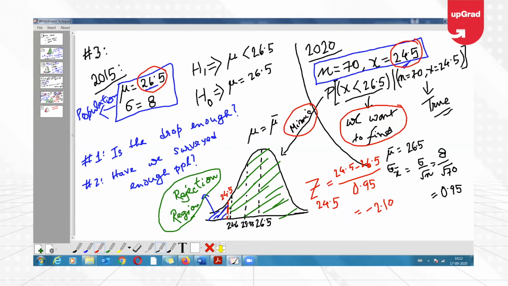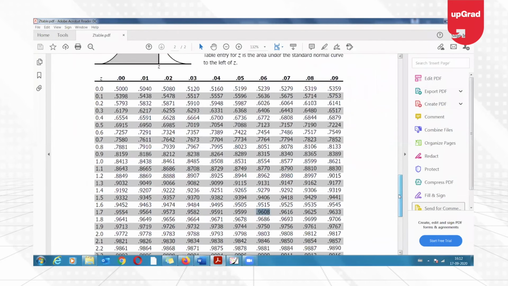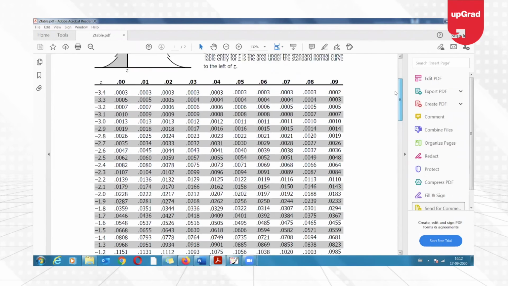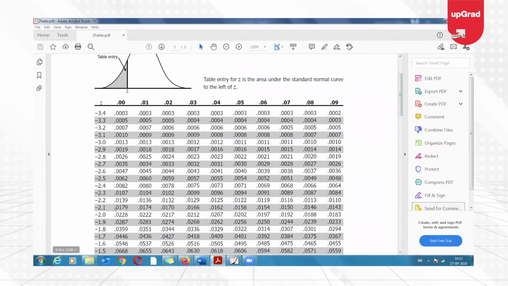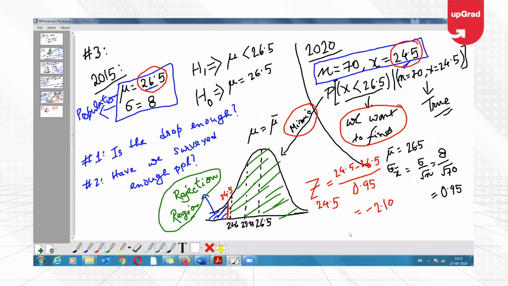I want to get the p-value of this region, and we know how to get that. Minus 2.1, sorry, this is the positive side. Minus 2.1 gives 0.179, which means the rejection region probability is 0.179, which is 1.79%.